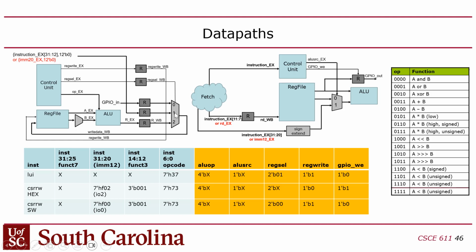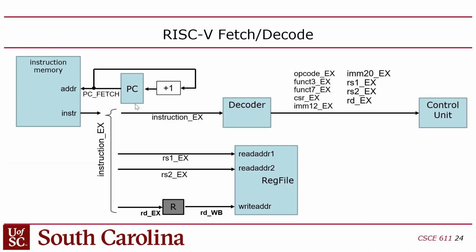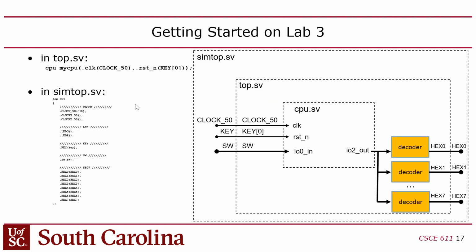And then for the CSRW, where you're reading the switches, you're going to want to take input 0, because that's the GPIO in, which is badly named, because in an earlier diagram, I referred to it as something else. What did I call it before? In an earlier diagram, I called it IO0 in, and I have an IO0 out. I forgot to change this. Does that make sense?